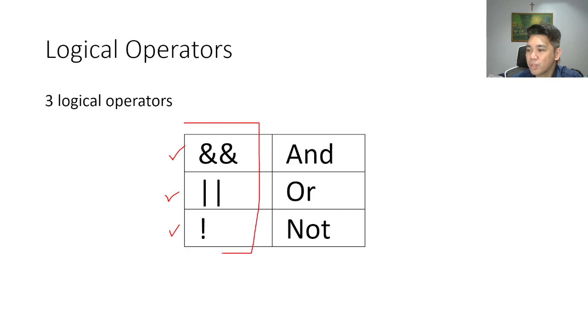These symbols are used in programming to combine the conditions. But actually, only AND and OR are used to combine the conditions. The NOT operator is only used for one value. And later on we will discuss what it does.